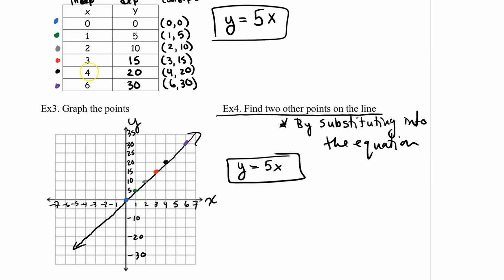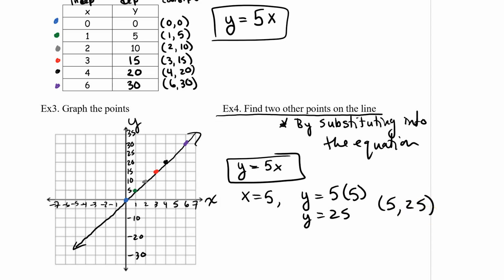So I'm just going to confirm 5 here. Say x equals 5. That means that y equals 5 times 5. That means that y equals 25. So if I was looking for a coordinate point to express this scenario, I would say that the coordinate point is 5, 25.